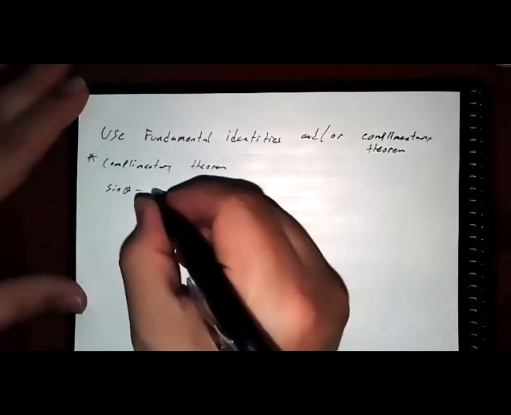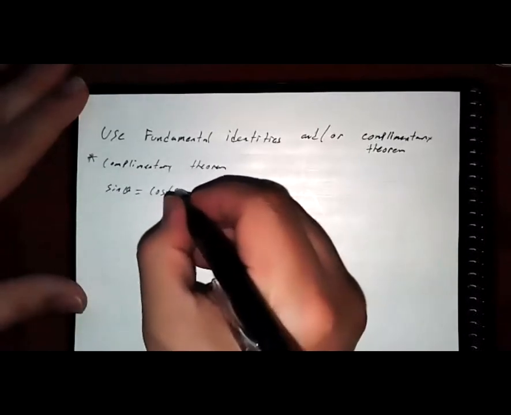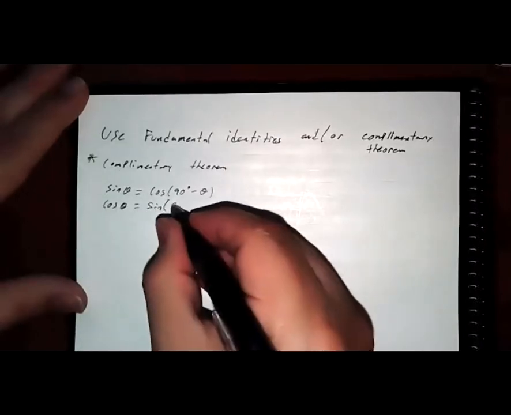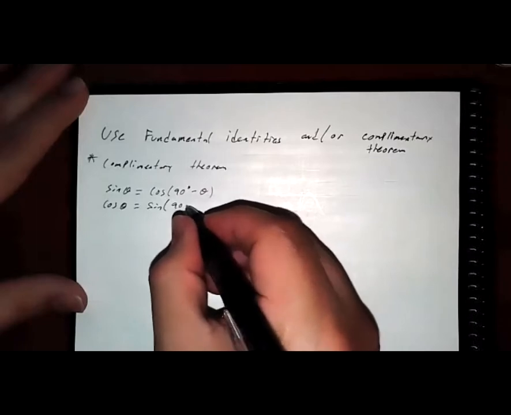The complementary theorem is when sine theta is equal to cosine of 90 degrees minus some angle. Cosine theta is equal to sine of 90 minus theta.